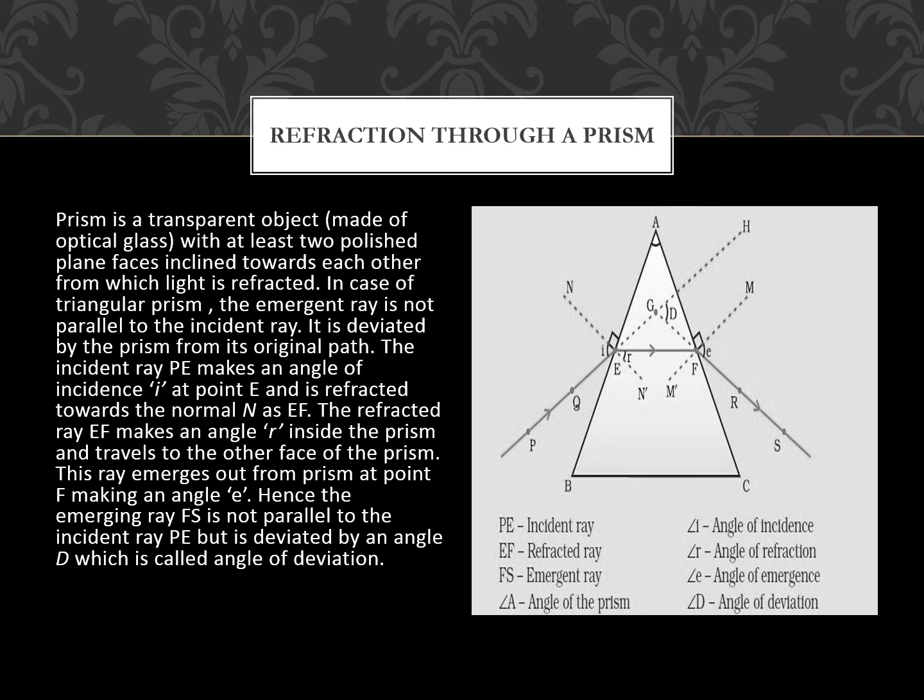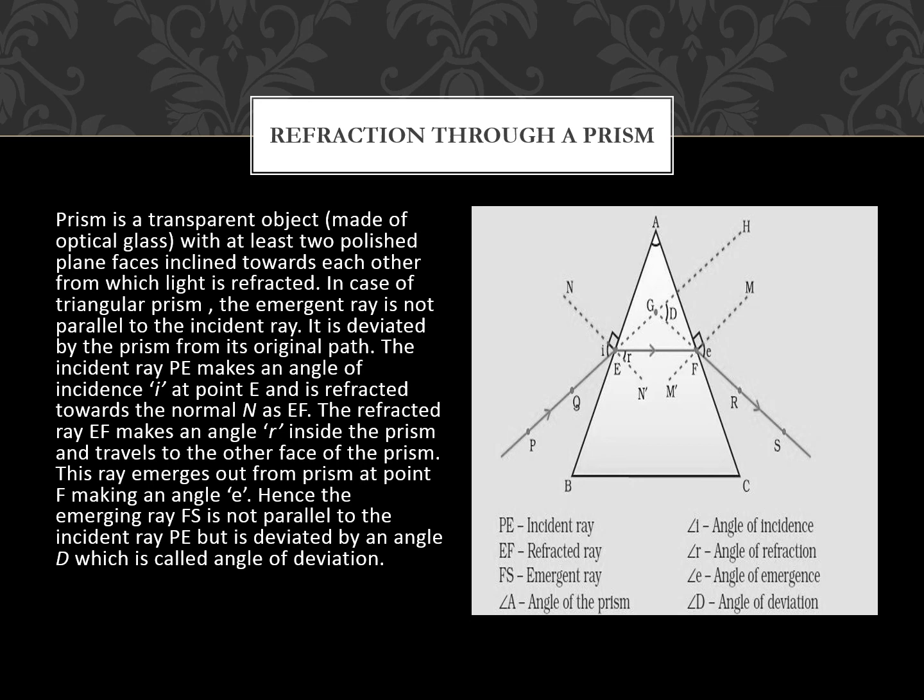The refracted ray EF makes an angle of refraction, which is represented by r in the figure, and it is bent towards the normal. This refracted ray EF is almost parallel to the base of the prism, that is BC, as you can see, and when this refracted ray strikes the other face of the prism, it will emerge out.